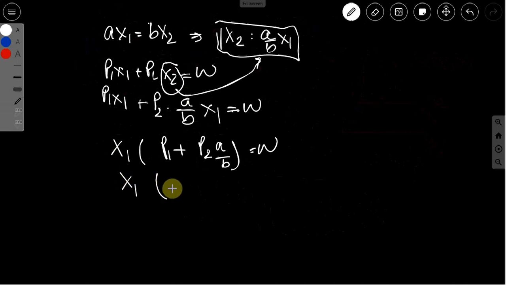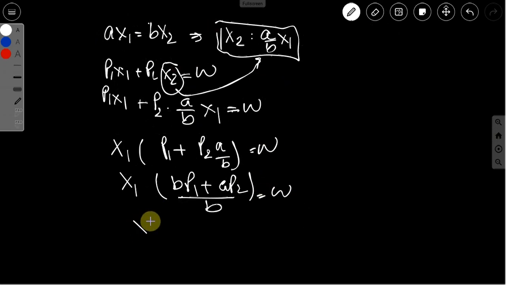So x1 times (bP1 plus aP2) over b equals w, and this gives x1 equals w times b over (bP1 plus aP2).